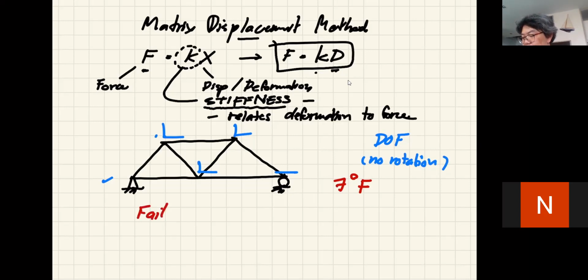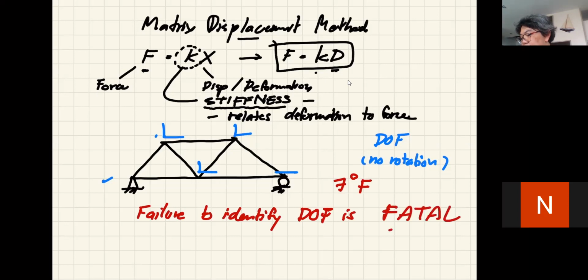Failure to identify degree of freedom is your favorite word, fatal. So again, just like the previous problems, if you begin with the wrong degree of freedom, the rest is garbage. So get this fundamental right before we begin anything. Is that crystal clear?